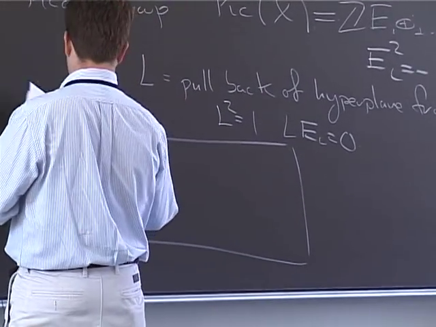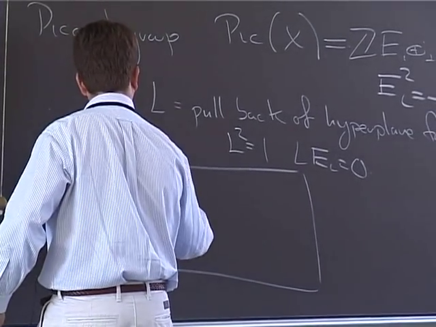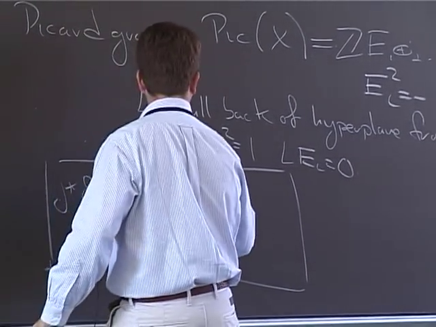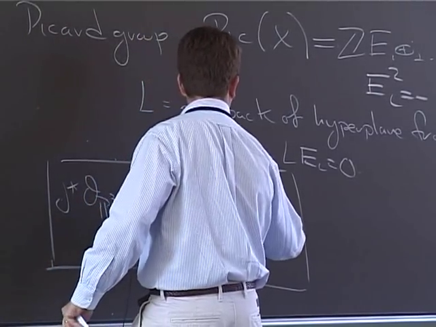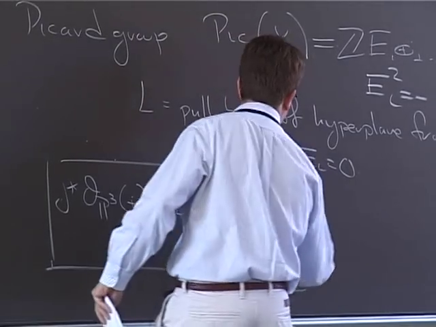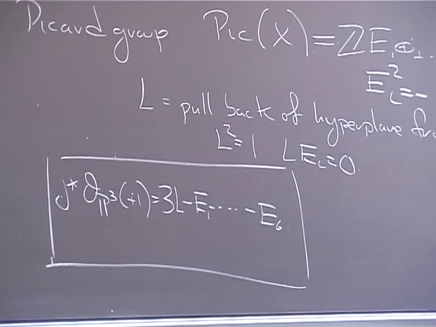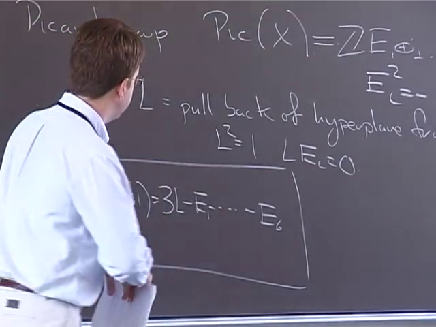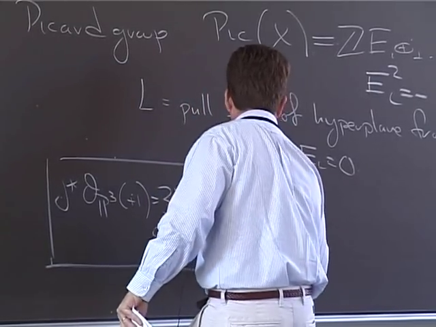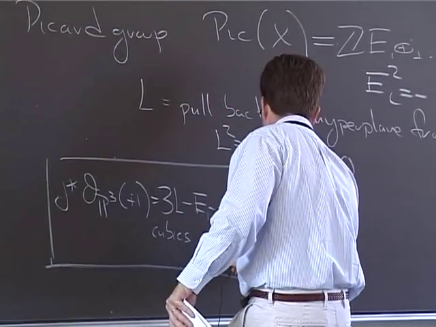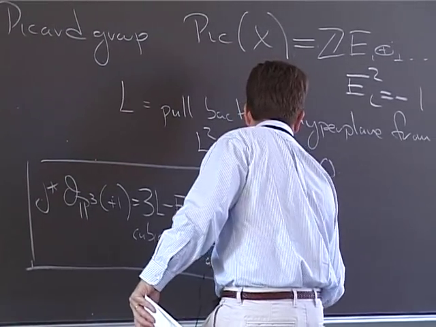If I take the pullback, this is equal to 3L minus E1 minus E2 minus E3 minus E4 minus E5 all the way up to E6. This just reflects the fact that I'm taking cubics with base points at P1 through P6.